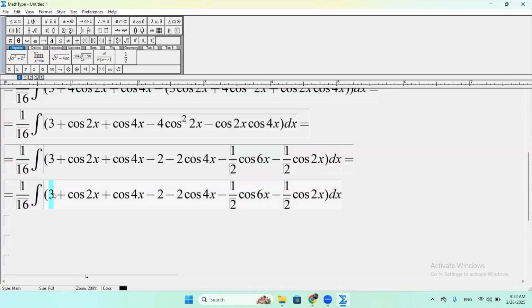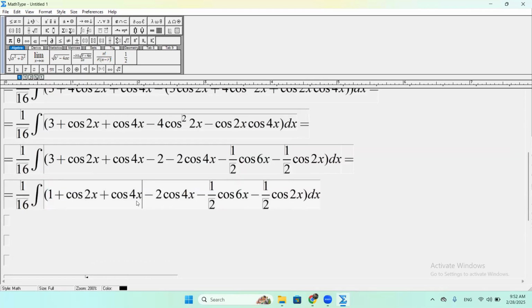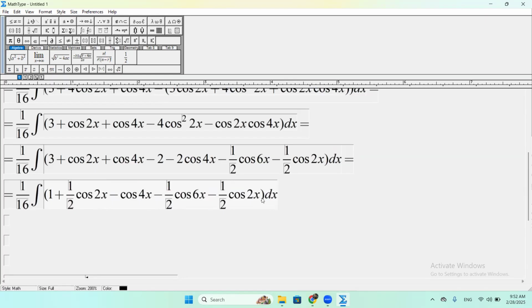So 1, then minus 1, plus 1 over 2. And now we can integrate it. Finally.